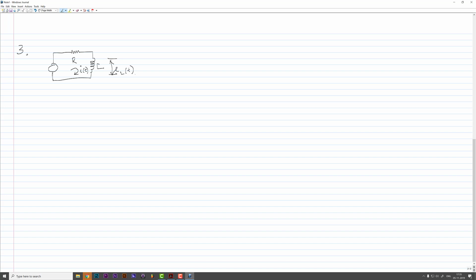The question is to find EL of t if the input here is 5 volts and if I have a switch here that connects it. Okay, fine.